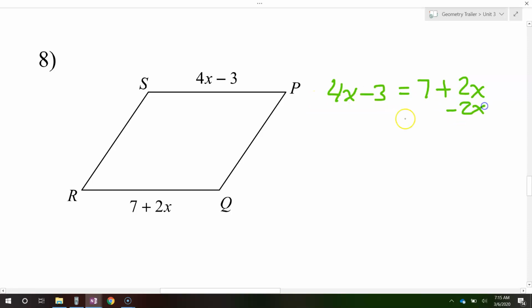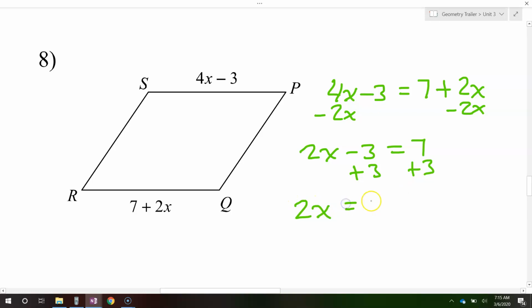I'm going to subtract one of them to get them together. So that's going to leave me with 2x minus 3 is equal to 7. And then I will add 3 to both sides, and I will get 2x is equal to 10. And then I divide both sides by 2, and I get x equals 5.